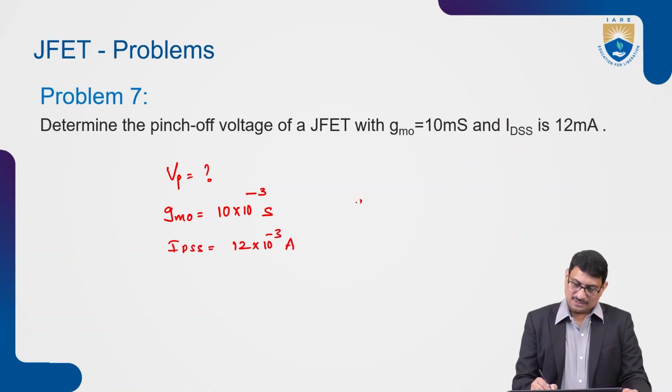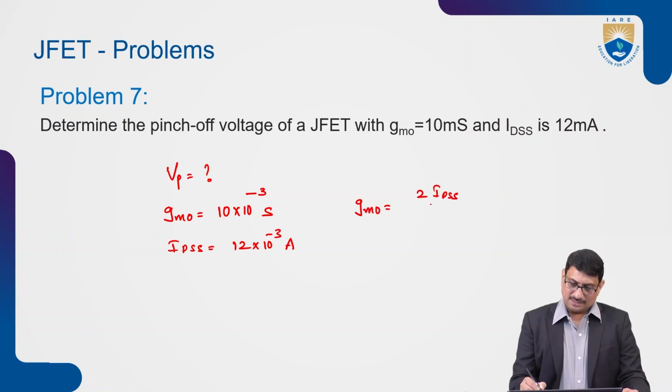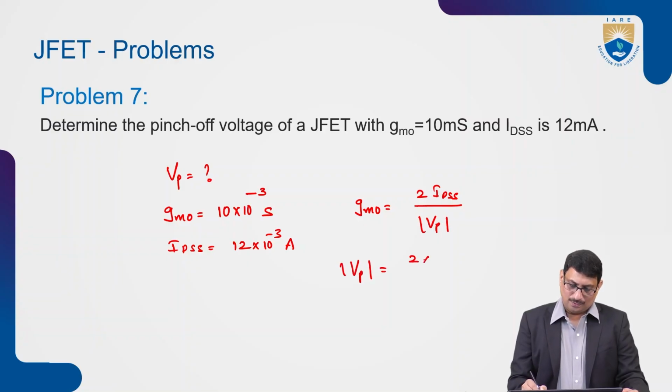Same relationship, GM naught equal to 2 IDSS divided by the magnitude of VP, or the magnitude of VP equal to 2 into IDSS 12 milliamperes divided by GM naught 10 into 10 power minus 3 Siemens.